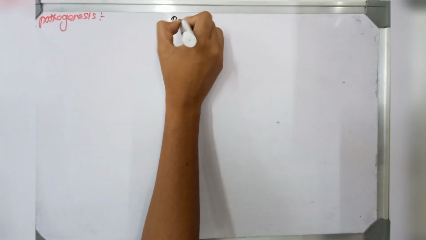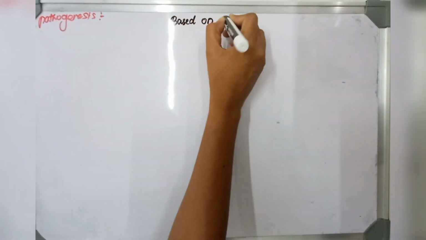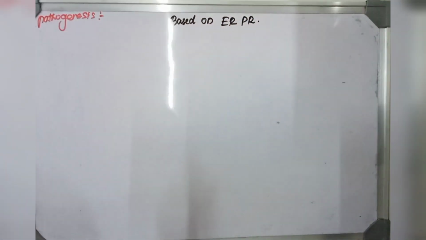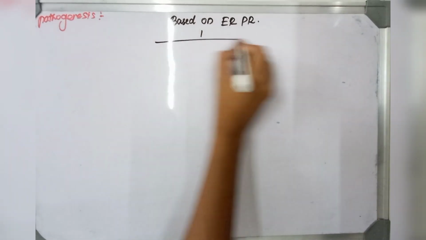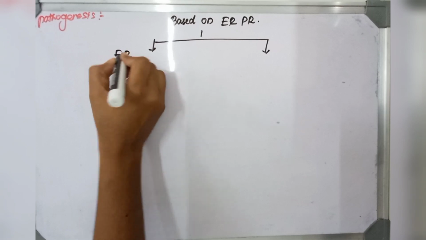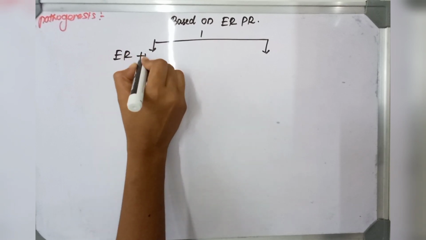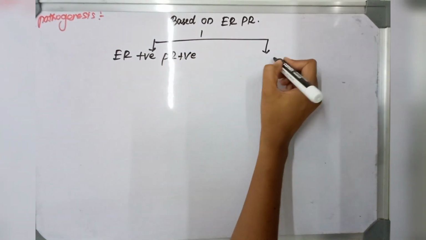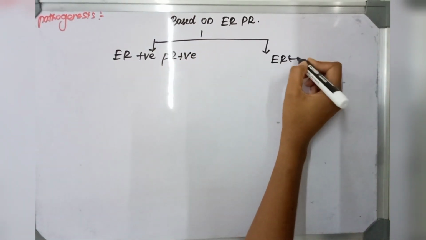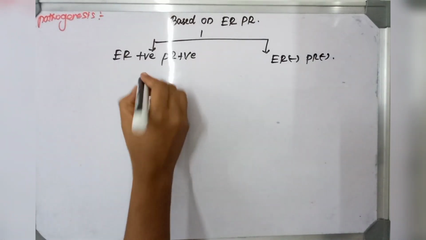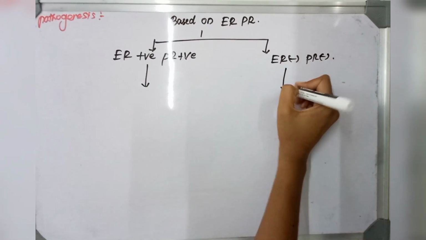First of all, based on ER/PR, if we split these into two: ER positive, PR positive, both of them positive, and ER negative, PR negative. These are the two. Then we are going to check for HER2/neu.